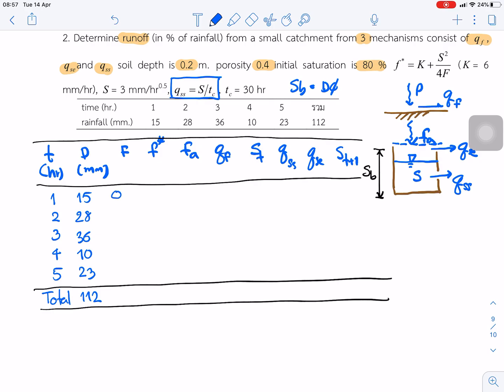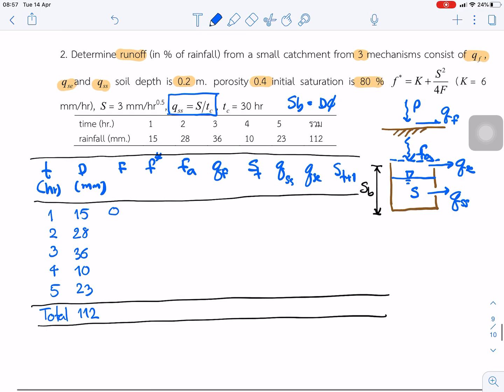We substitute 0 in the F star equation, so we get infinity. So the infiltration is equal to the rainfall, 15. There is no runoff. We can finish the first part, and the second part we can do later, depending on your plan.